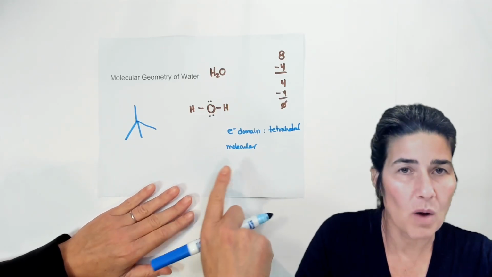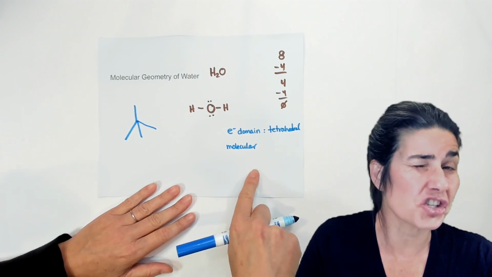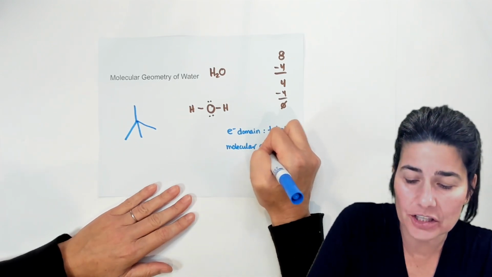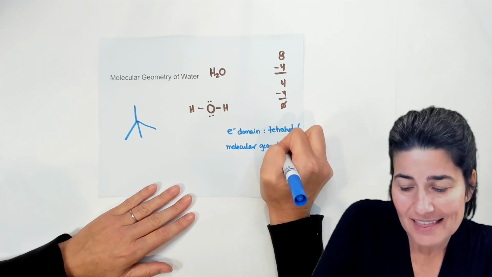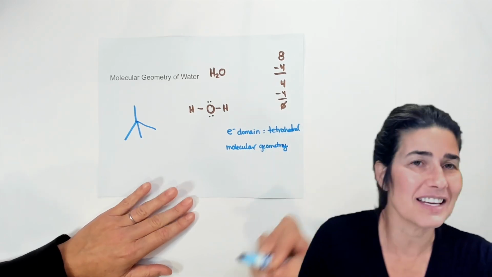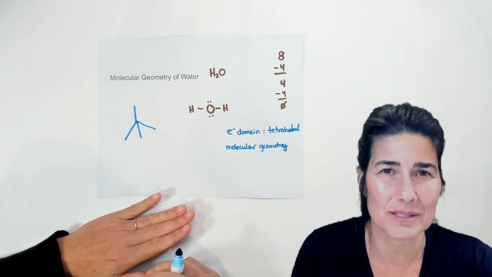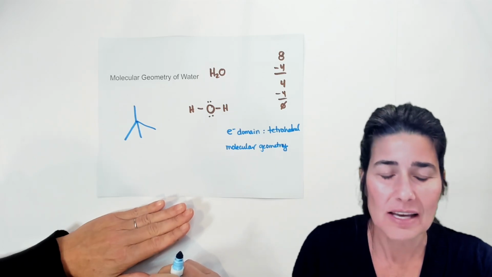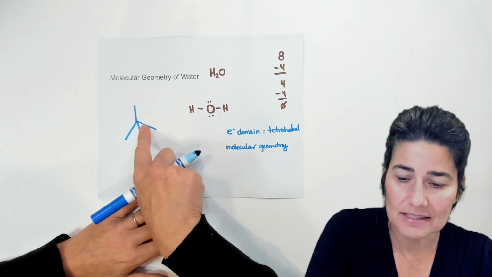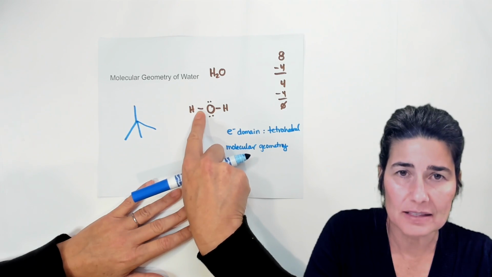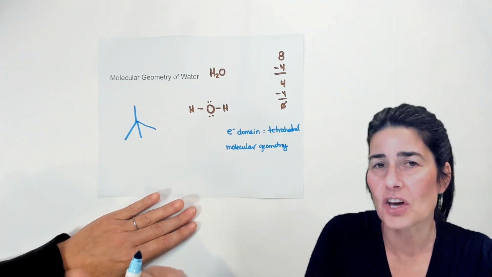Now, we want to know what the molecular shape or the molecular geometry is. That's not necessarily the electron geometry. We want to say, where are the atoms? How are they arranged? So, out of this, we have 2 bonds, but 2 of these are ghosts.